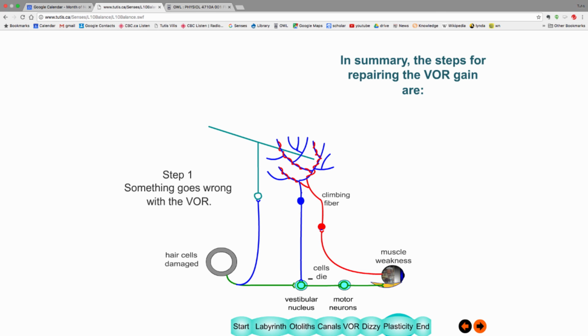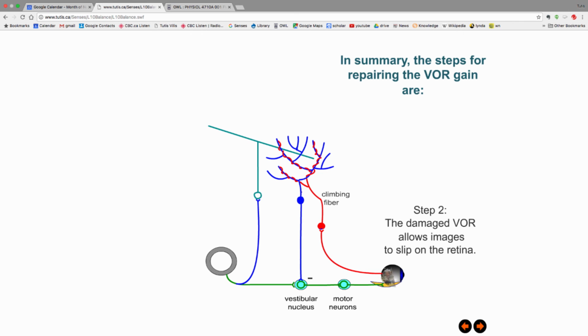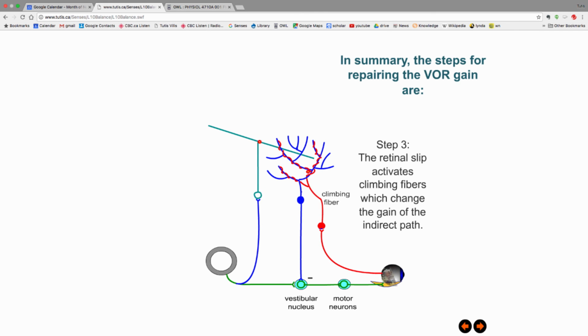So you can see that it goes through these steps. First of all, something goes wrong. You then generate retinal slip. That then activates this coincidental firing of this, and that again changes the synapse there.